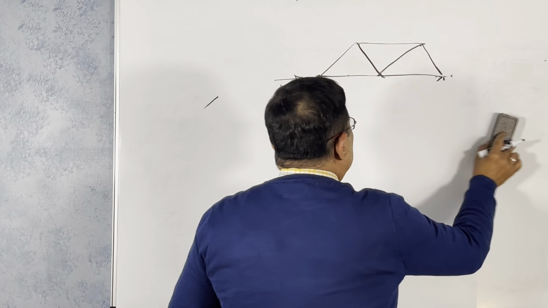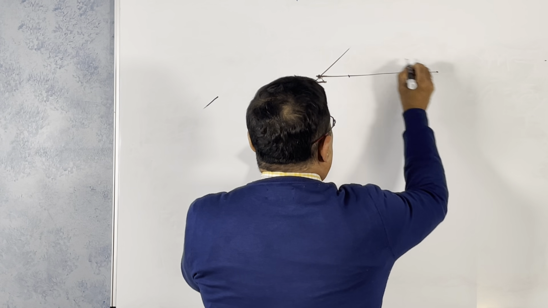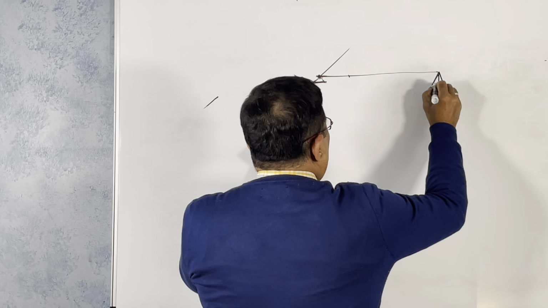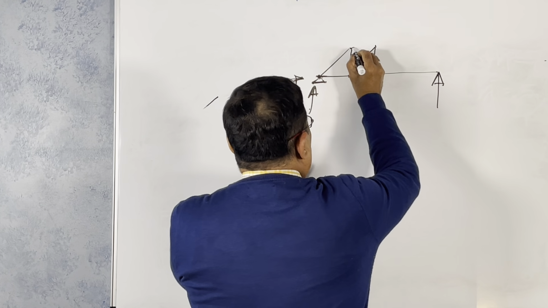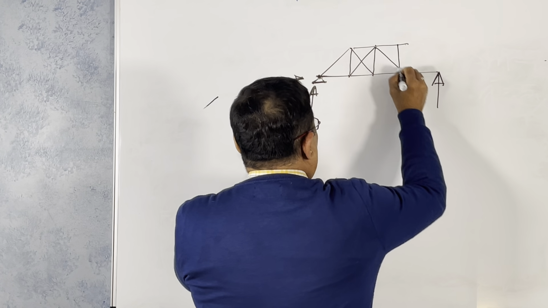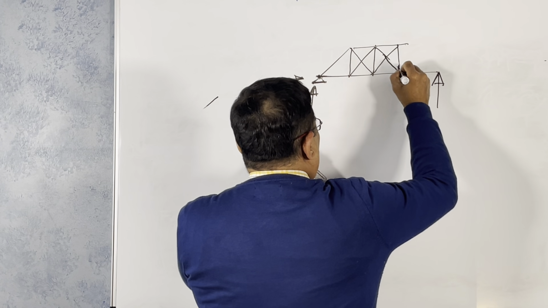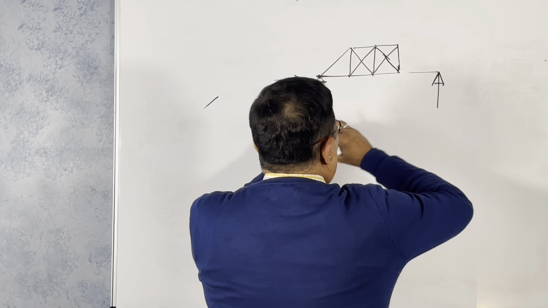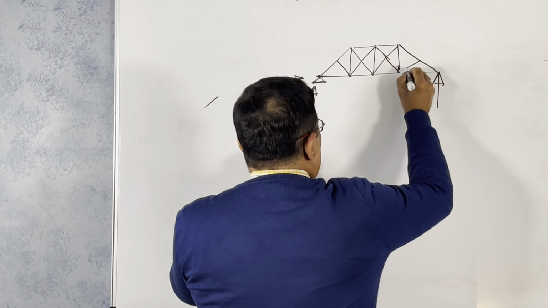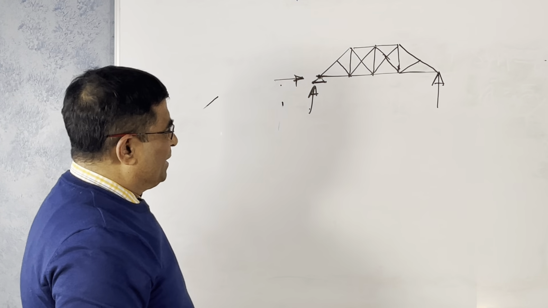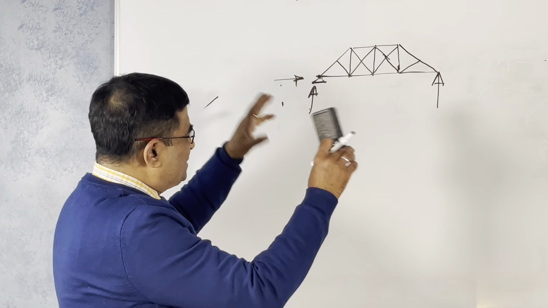Suppose it is something like this, with a lot of redundant members, where more members are connected.